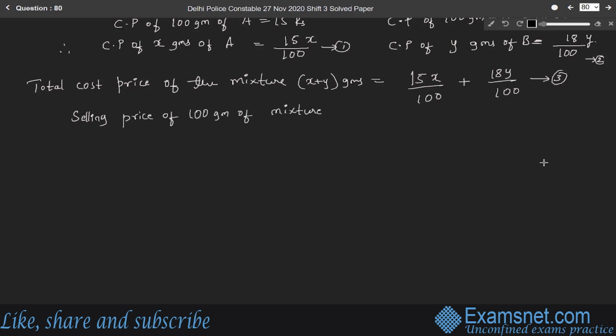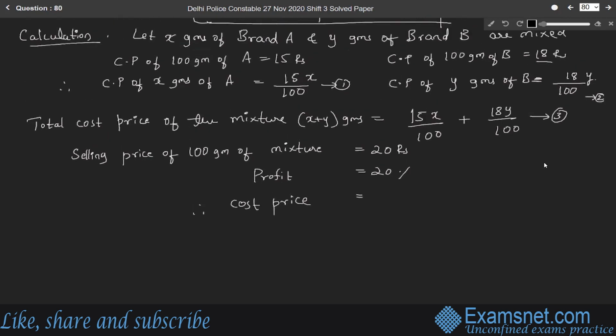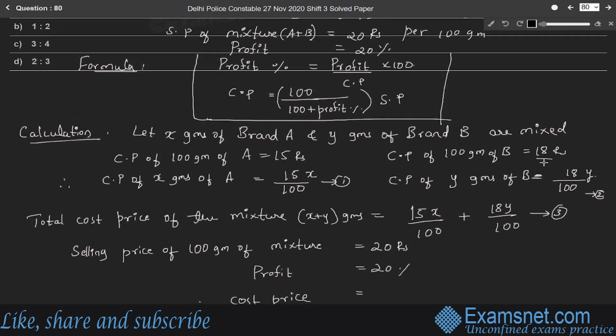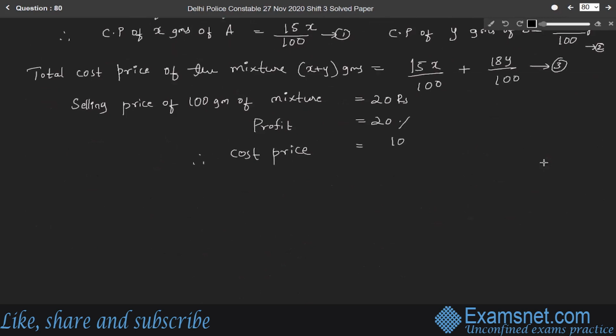And only 100 grams of mixture is 20 rupees and the profit is 20%. Therefore, cost price becomes... So if selling price and profit percentage are given, the cost price, by the formula, is 100 by 100 plus profit, into the selling price, which is 20 rupees.